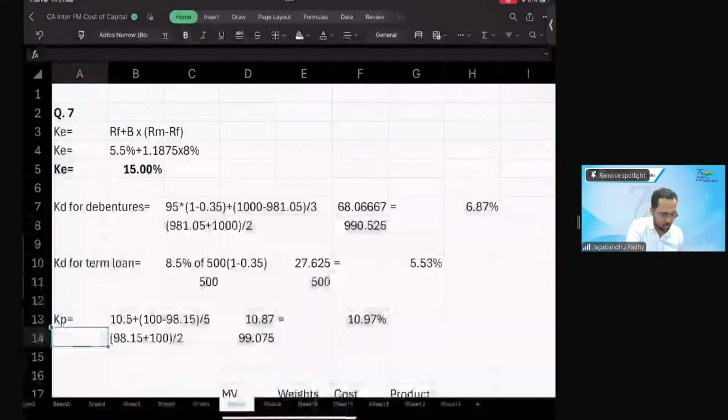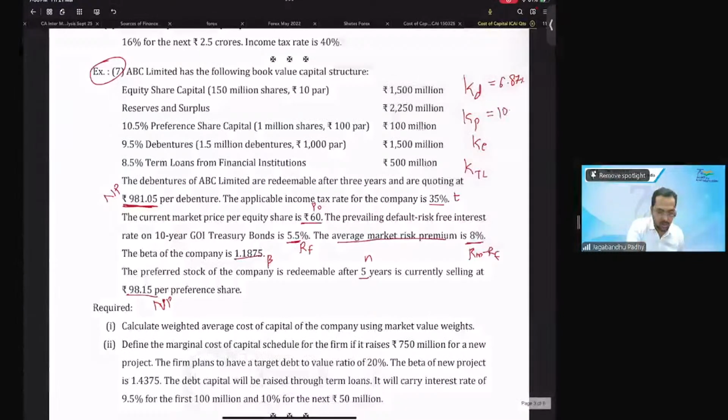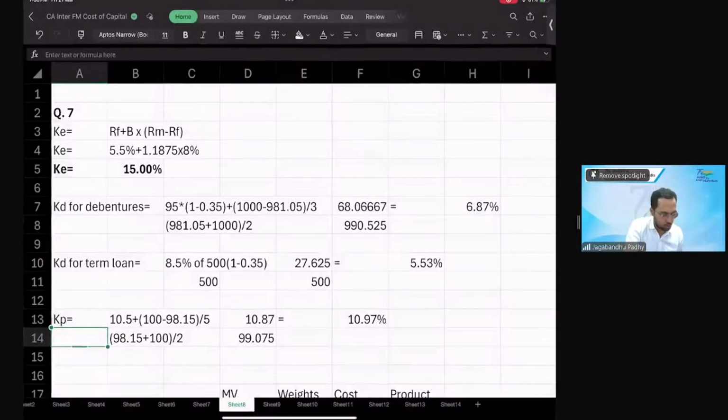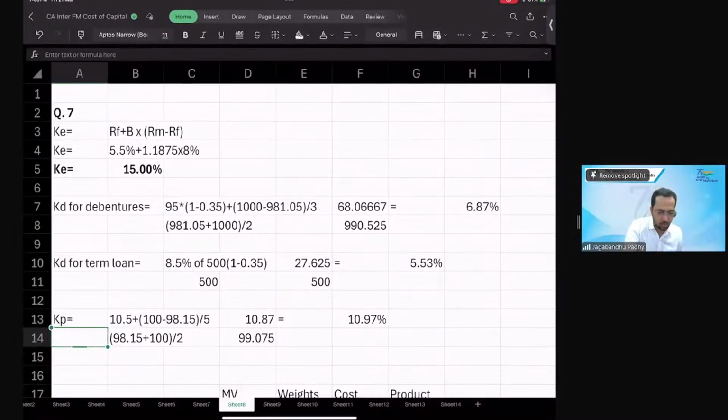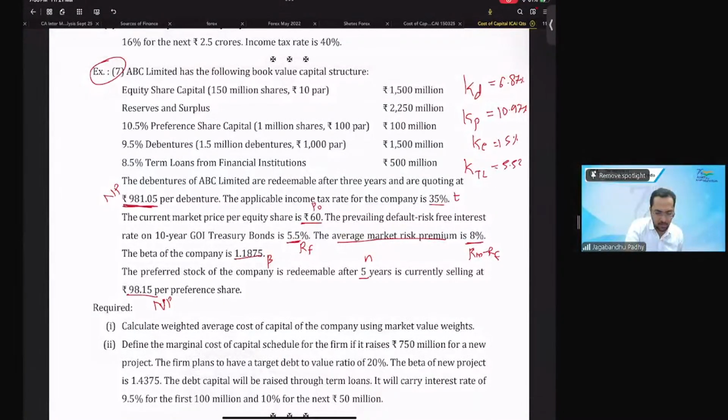Cost of preference share was 10.97%. Cost of equity is 15%, and cost of term loan is 5.53%. Right. Okay, so just verify if these are the four answers you're getting, or any number which you are not able to get. Just confirm the cost of preference share, cost of equity, and the cost of term loan. Let's check if you're getting these numbers.